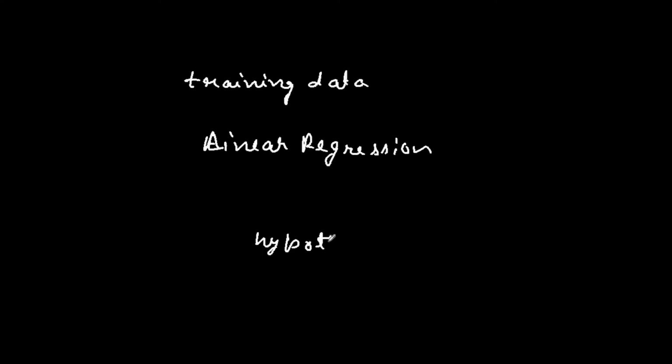So first I will go through a step by step process in case of linear regression, right? So first we have something called training data, right? And then we have something called a linear regression algorithm, and from that we get some hypothesis, and there is my testing data or test data, and I get my prediction, right?